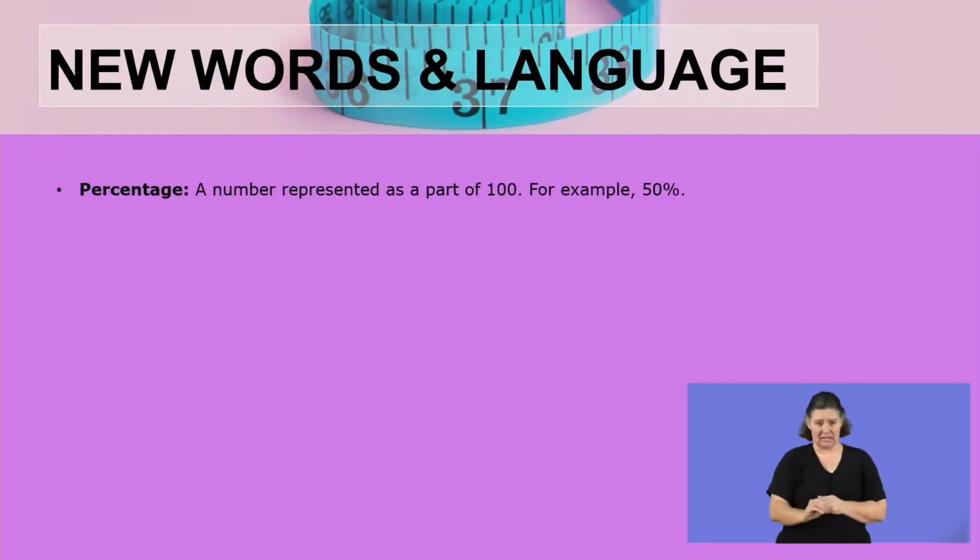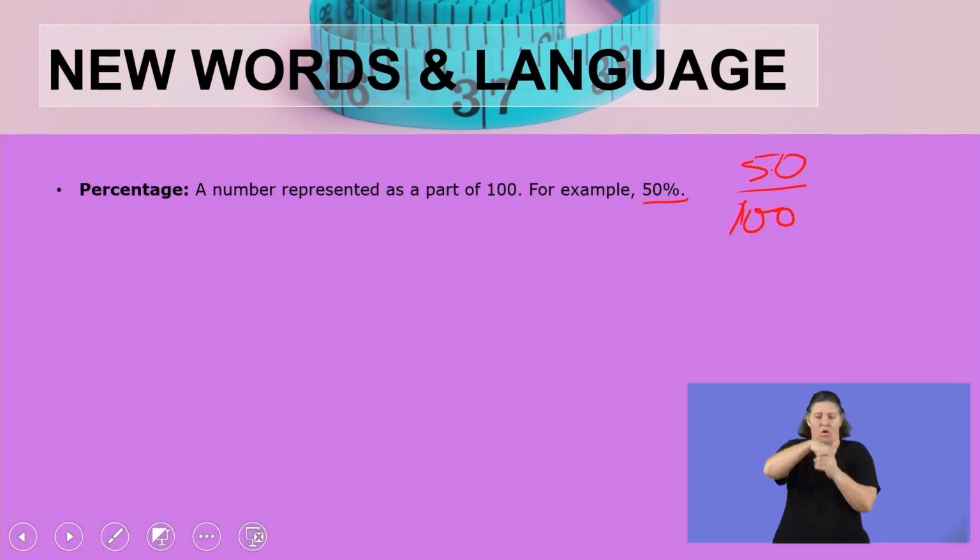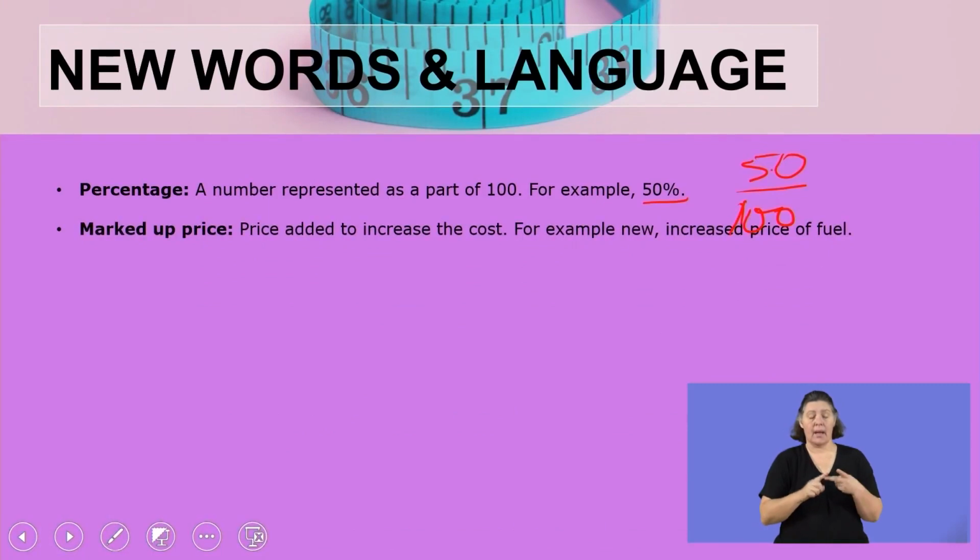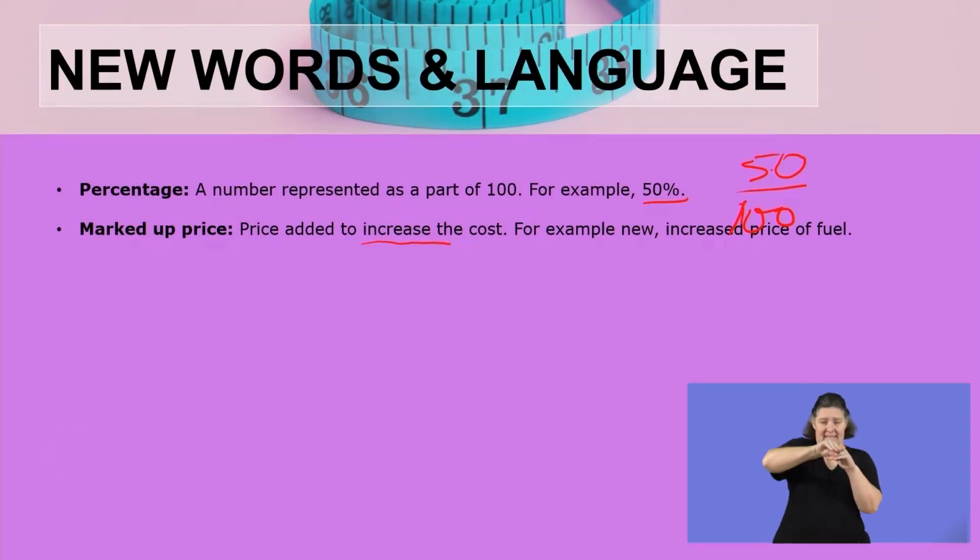I said a percentage is a number represented as a part of 100. For example, 50% implies that it's 50 divided by 100, because 50 is part of 100. Now, marked up price indicates that the price has been increased, and we use it when we do increasing the value by a percentage.